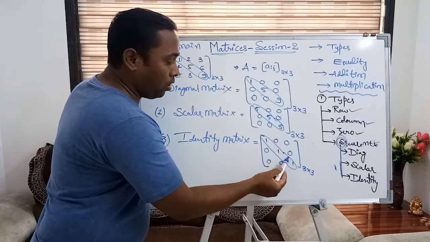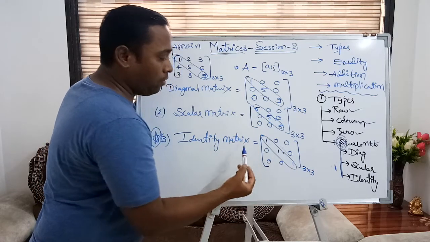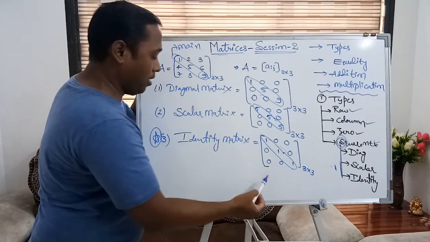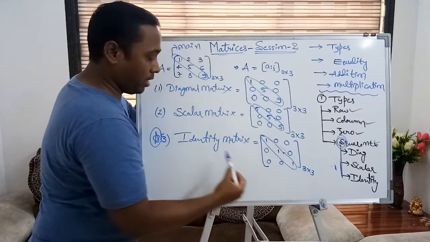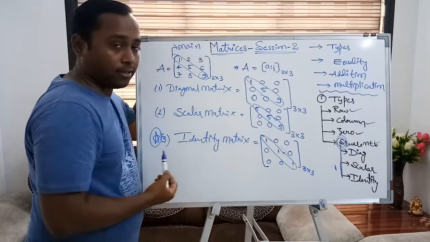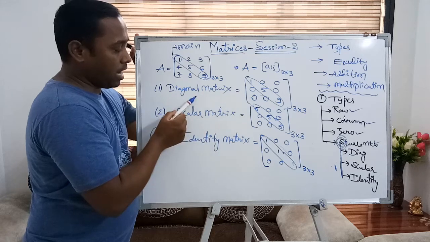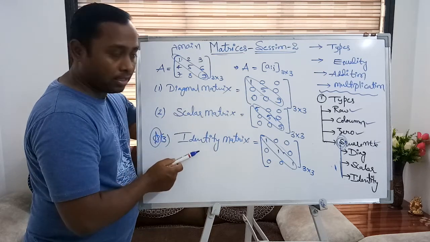So if all the diagonal elements of the diagonal matrix are unity, then that diagonal matrix is known as an identity matrix. So you can see the difference between diagonal, scalar and identity.